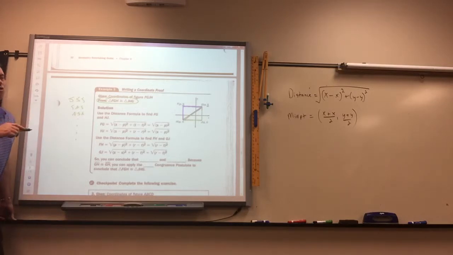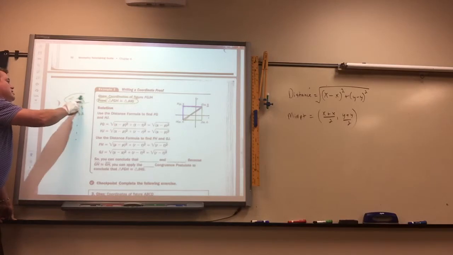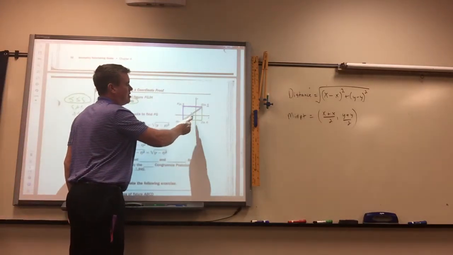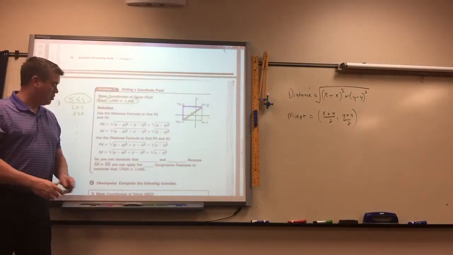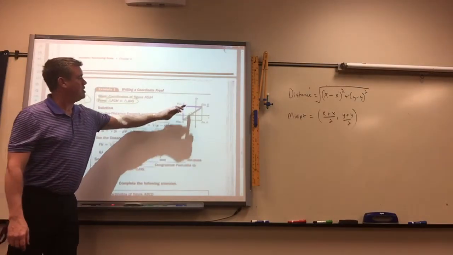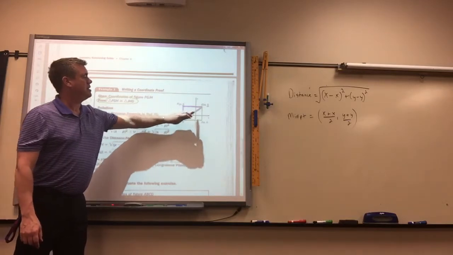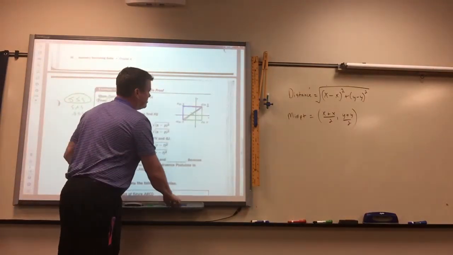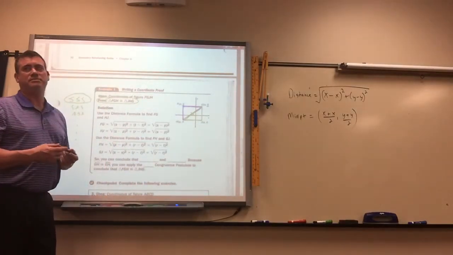Now, since it's on a coordinate, we're doing lengths, distance, so we're going to want to do SSS. This has a shared side right there. So what you have to do is show that these two are equal and that these two are equal. So the way you do that is you use the distance formula.